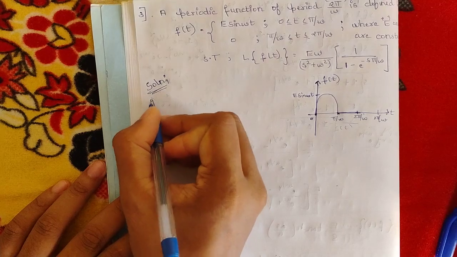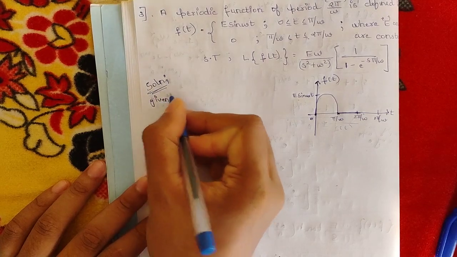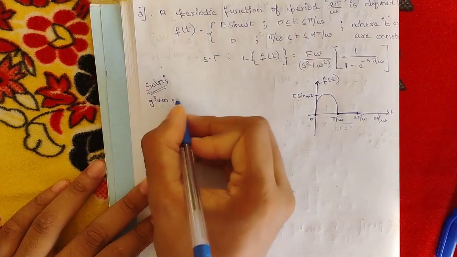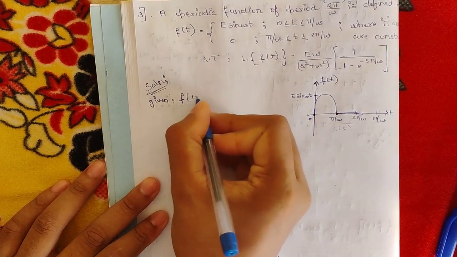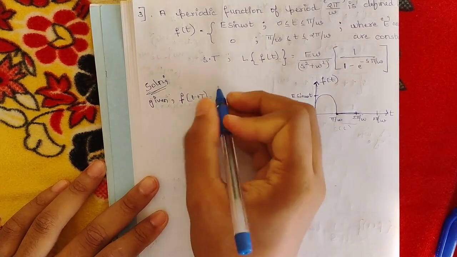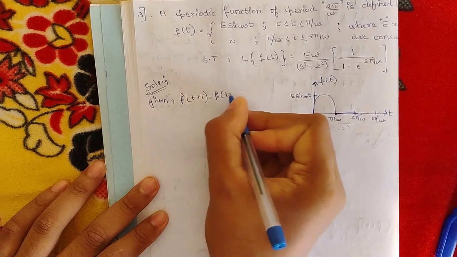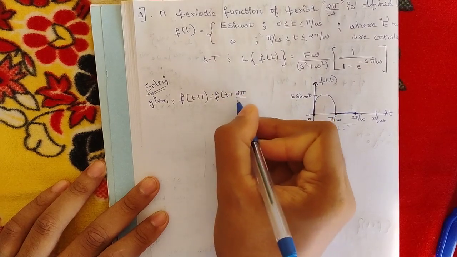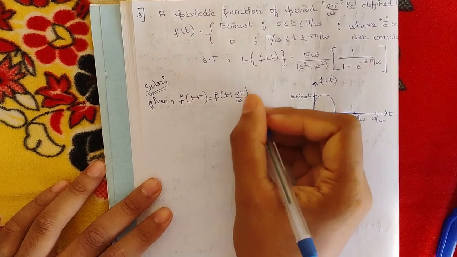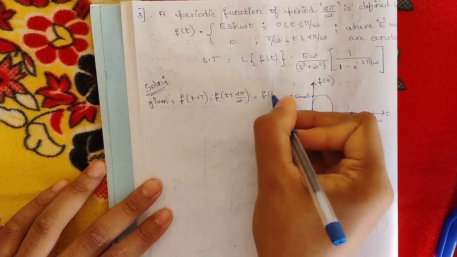According to the given question, f of t plus T, where the value of T is 2 pi by omega, is equal to f of t.